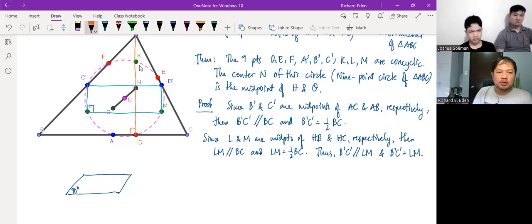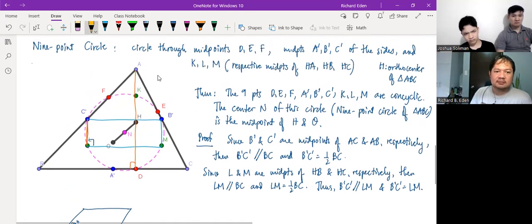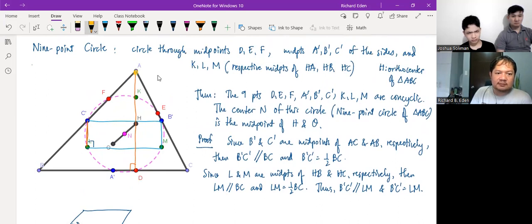So we want to show that CL is parallel to that orange altitude that was just drawn. This time we look at the triangle ABH.